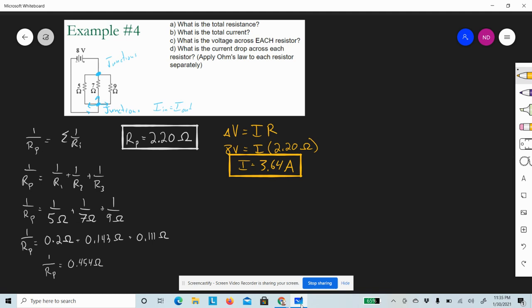So if you were to add a voltmeter over here, or over here, or over here, anywhere you get the same answer. Every loop gets 8 volts.